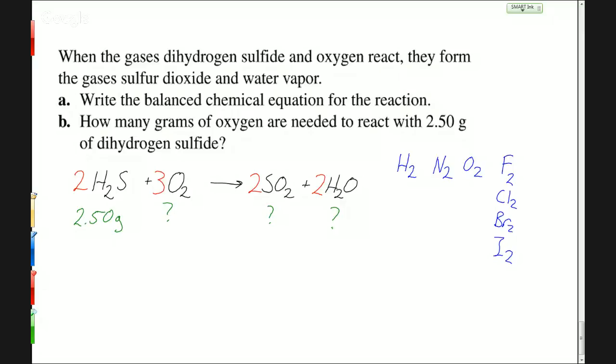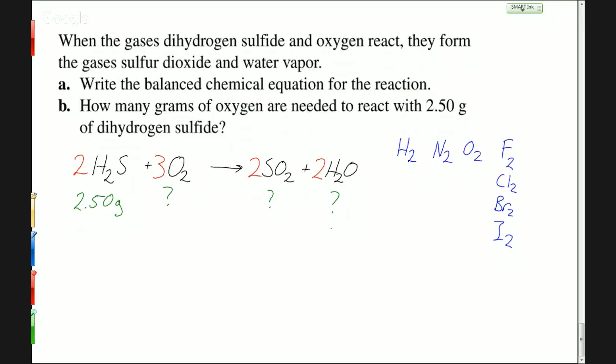Let's take a look at this one together. Once again, we're going to go with the same plan. We start with grams of H2S, then to moles of H2S, moles of O2, grams of O2. Same plan.